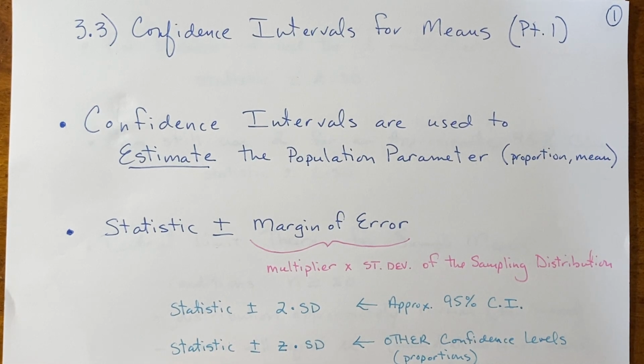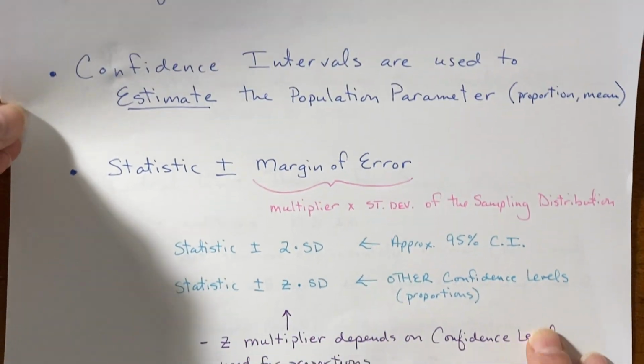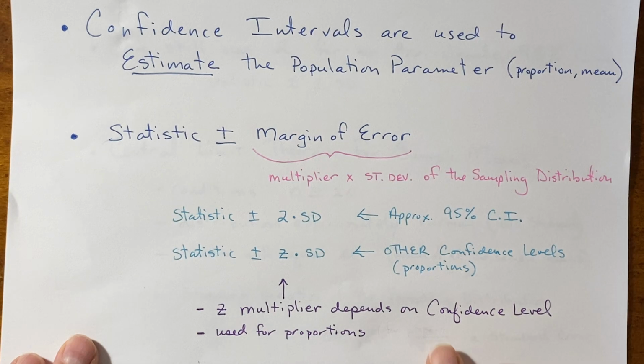When we wanted a different confidence level, that multiplier changed. For proportions, we called it the Z multiplier, and it depended on the confidence level.